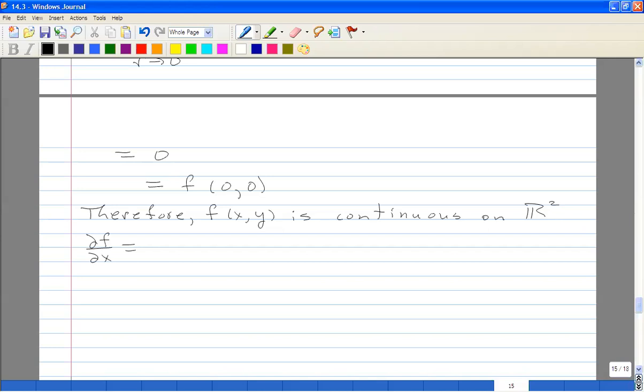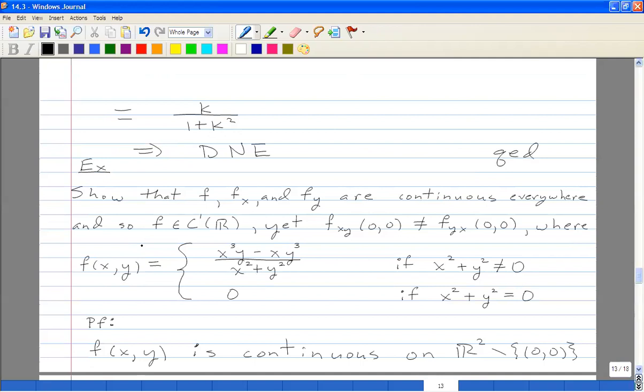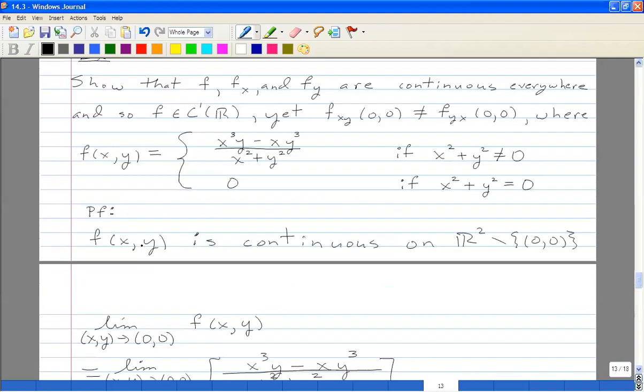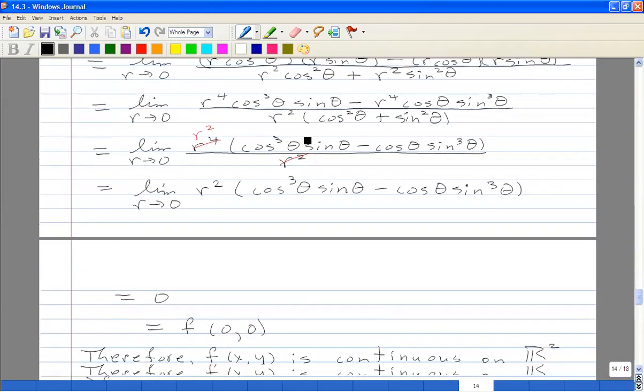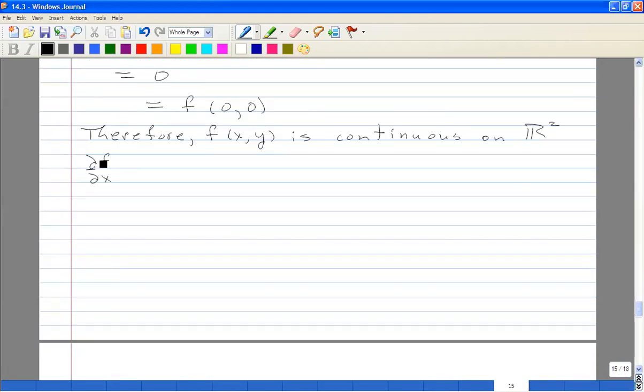Well, I know that the derivative of a rational function will still be a rational function. So again, this will be continuous everywhere except possibly at the origin. And so maybe I should say that.